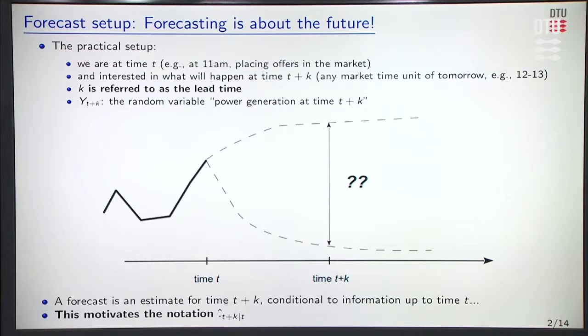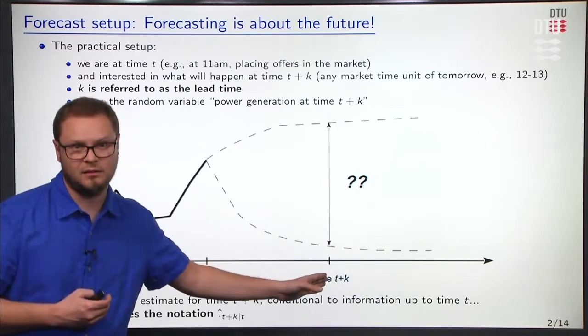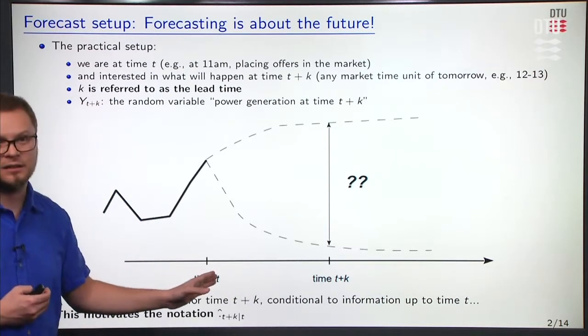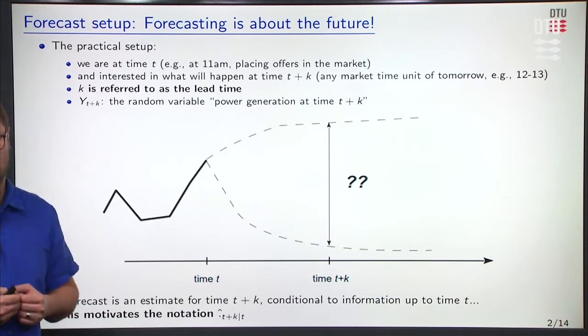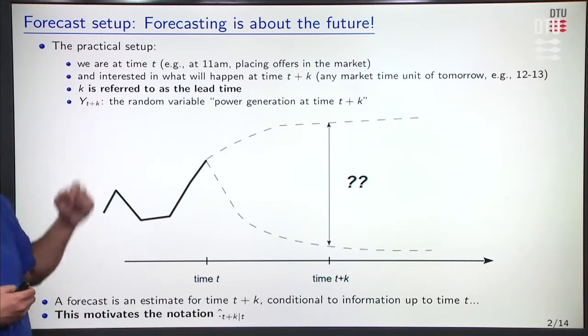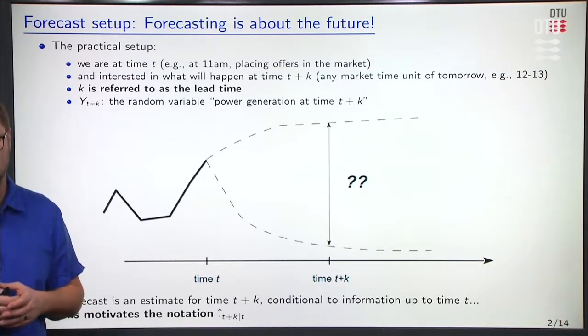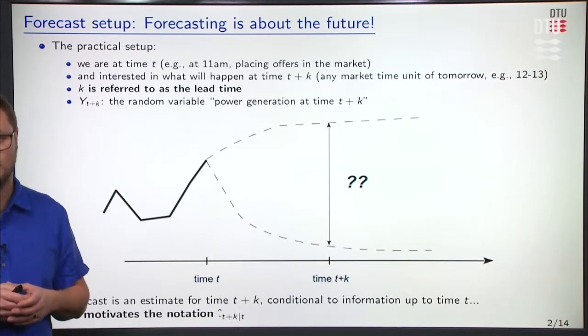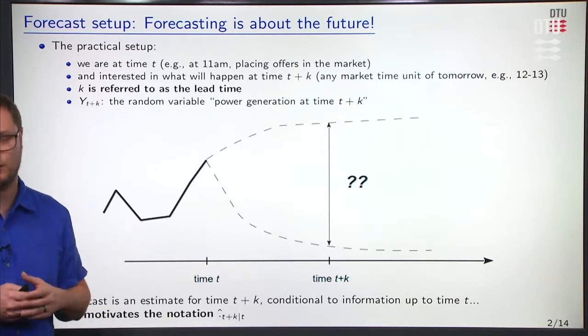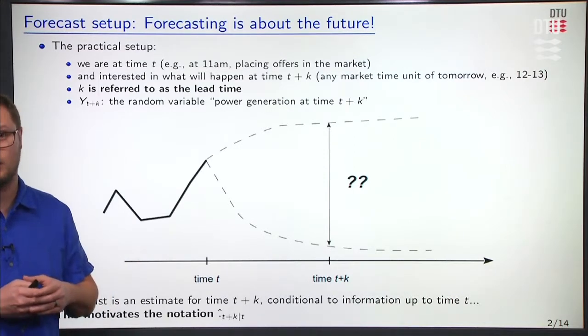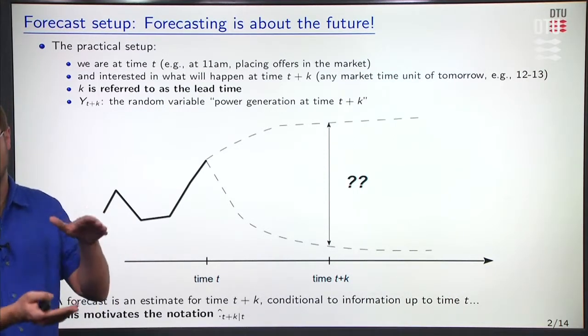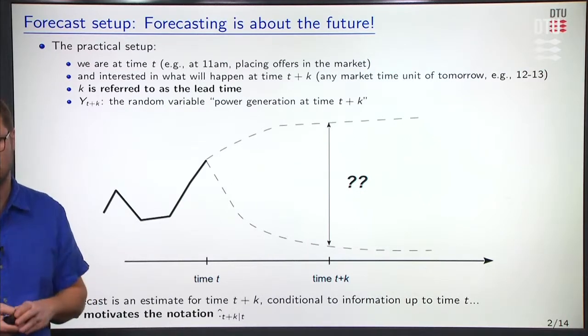A forecast, conceptually, is an estimate for time t plus k, but given time t, of some of the characteristics of Y t plus k. We'll look afterwards in terms of forecasting product. Maybe you will want to describe the mean of this random variable. You may want to describe some quantiles, some intervals, or the full distribution for this random variable.